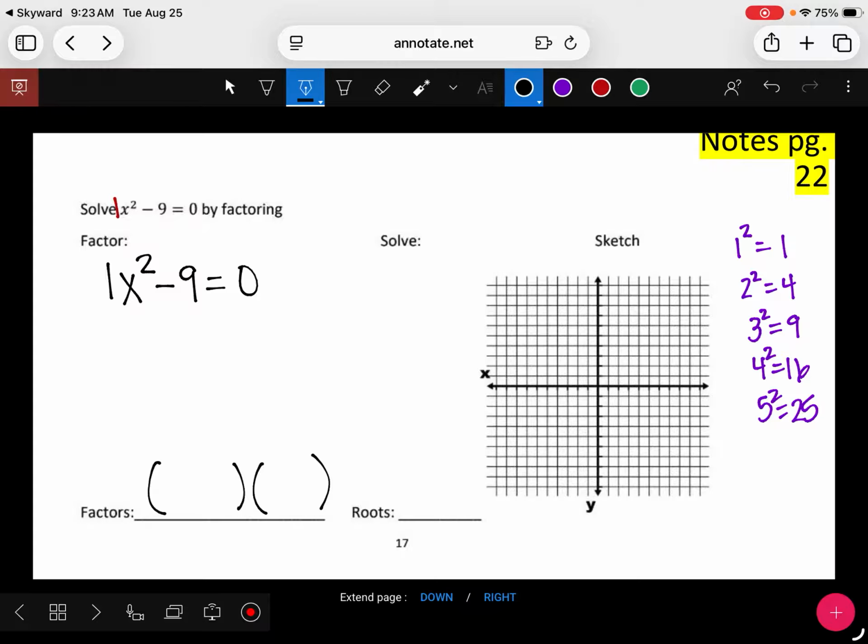So the only thing that multiplies to give you 1x squared is x times x. All right, which one of these numbers do I square? 1, 2, 3, 4, 5. Which one of these squares to give me 9? 3. So put a 3 in the back. One has to be plus, one has to be minus. Set them both equal to 0 to get your 2 solutions.